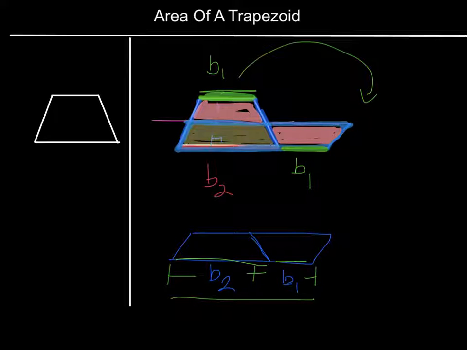So the new height of my parallelogram is half the original height of my original trapezoid. So the formula I can write is this: area equals base times height. That's the area of a rectangle, which is also the formula for area of a parallelogram. The base is going to be B1 plus B2.